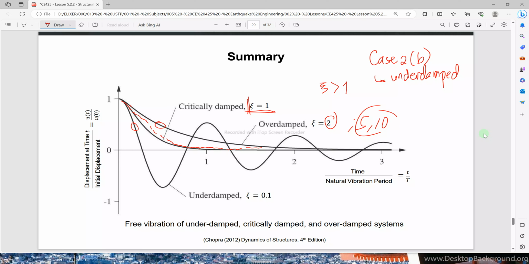We cannot see that in structures, though in other things, let's say not a structure, damping is really observed.